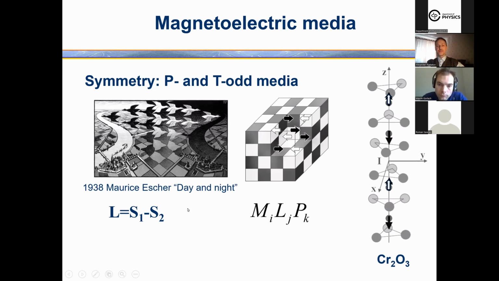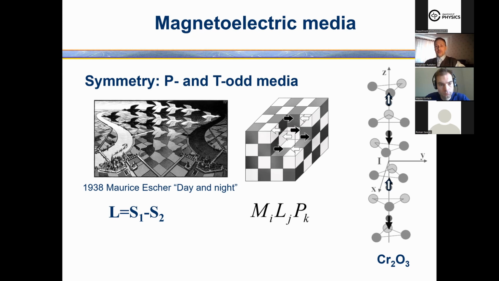And we can introduce a special order parameter, the antiferromagnetic vector, that is a vector difference, not a sum, but a difference of the spins of ions in one sublattice and the spins of ions in another sublattice. It will be a T-odd vector, of course, because it's composed of magnetic vectors, so it's time reversal odd.